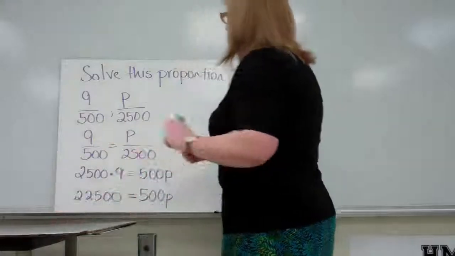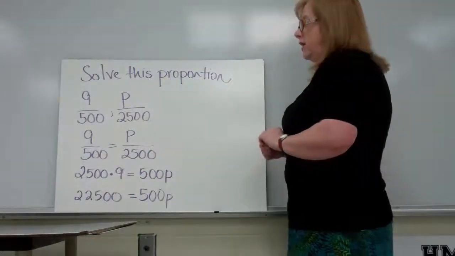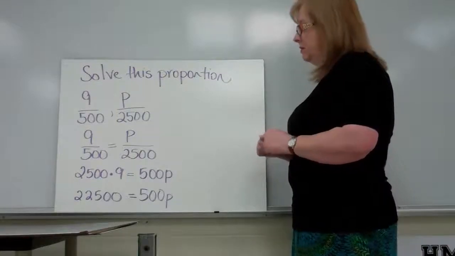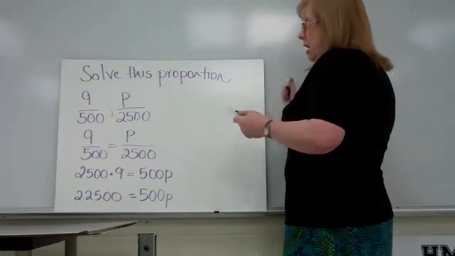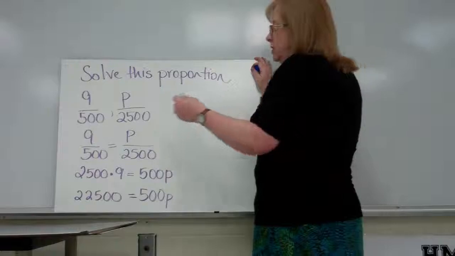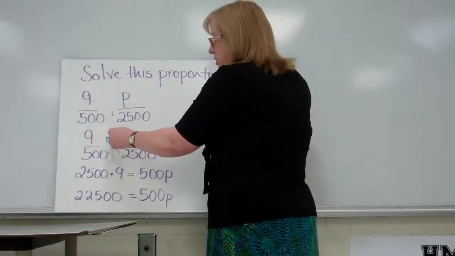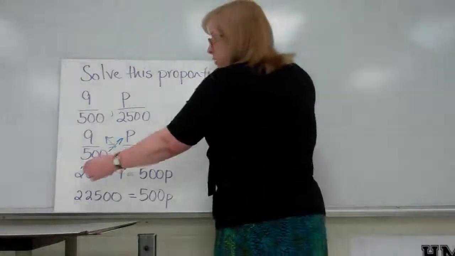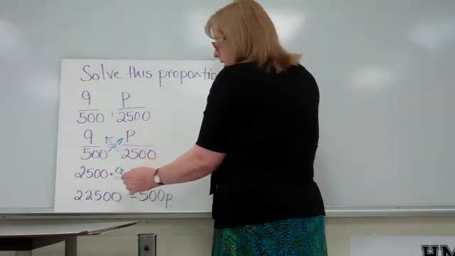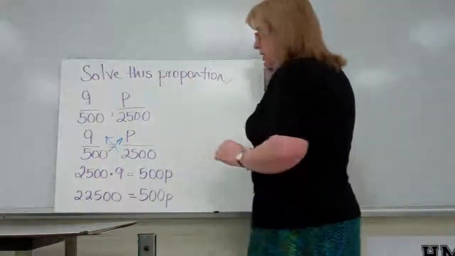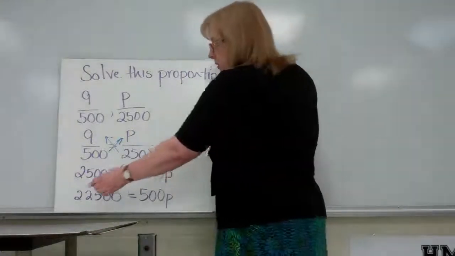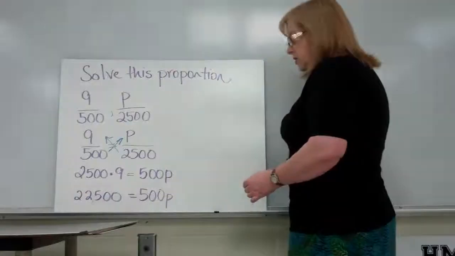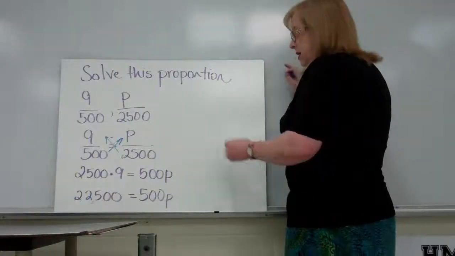Alright, one more then. 9 is to 500 as p is to 2500. So we're going to set them equal, use our cross products, our cross multiplying. We will get 2500 times 9 equals 500p. Alright, we get 22,500 equals 500p.